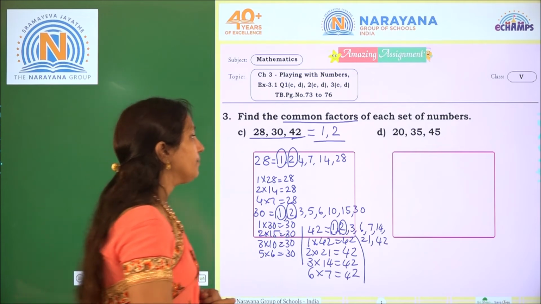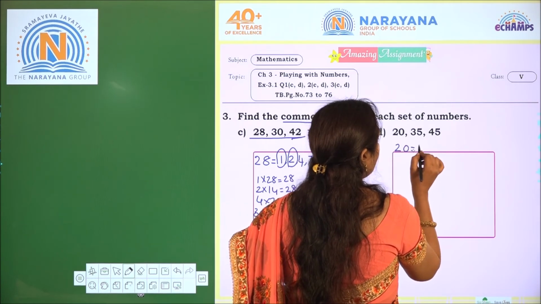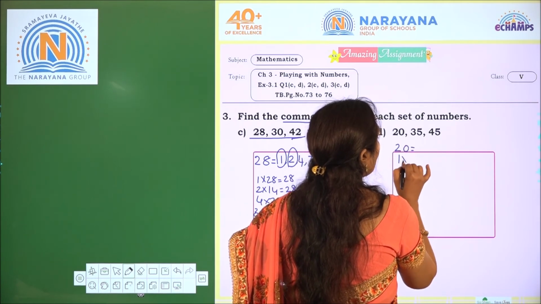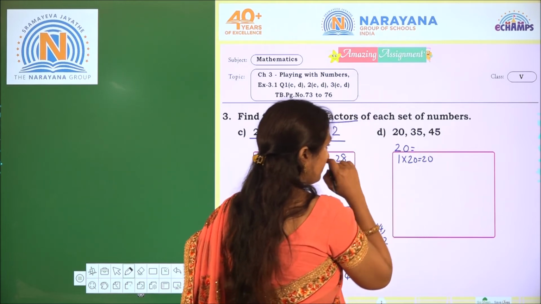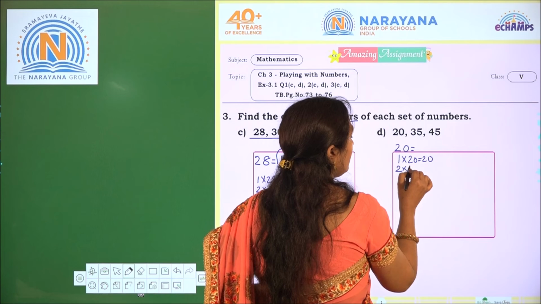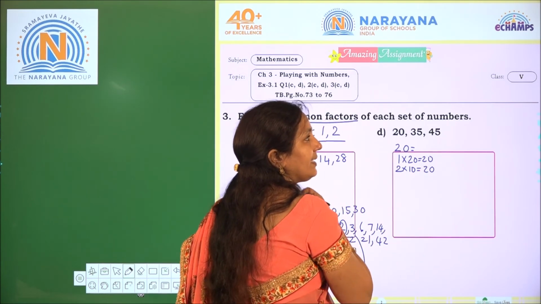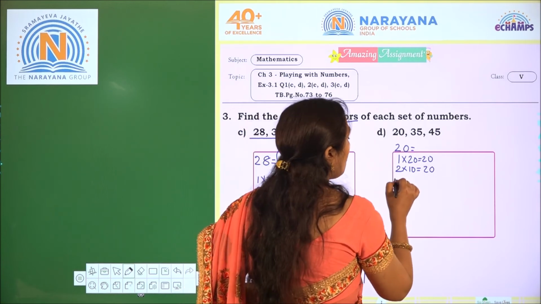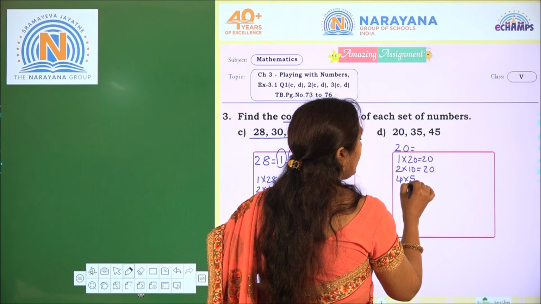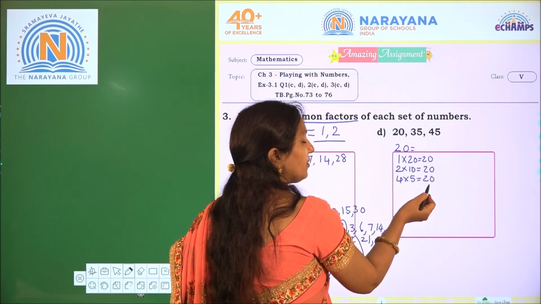Coming to the next one, write the factors of 20. 1 into 20 is 20. 2 tens are 20. In the 3 table, is 20 there? No, 3 is not a factor of 20. 4 5s are 20. 5 4s are 20.